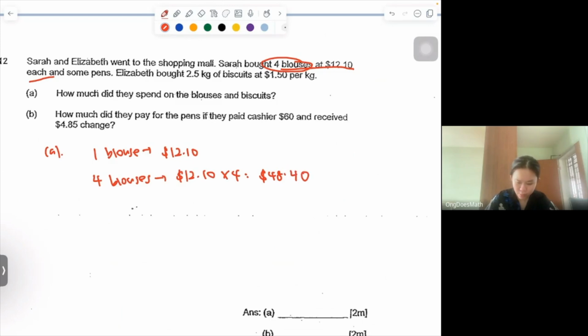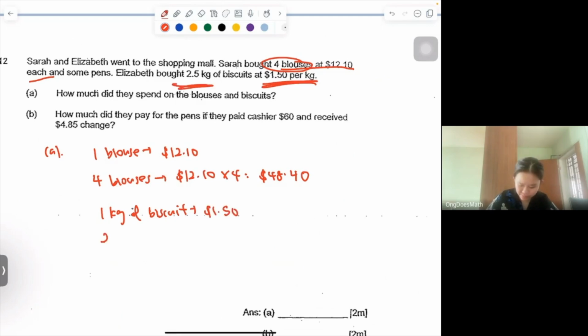Next, 1 kg of biscuit costs you $1.50. So if she bought 2.5 kg, it will cost you 1.50 times 2.5. That should give you $3.75.